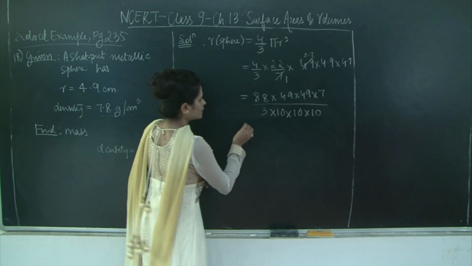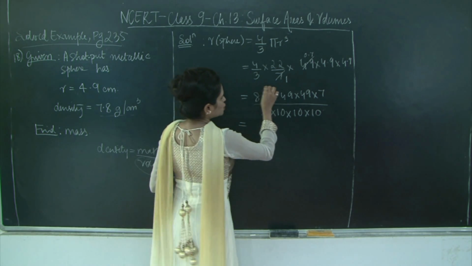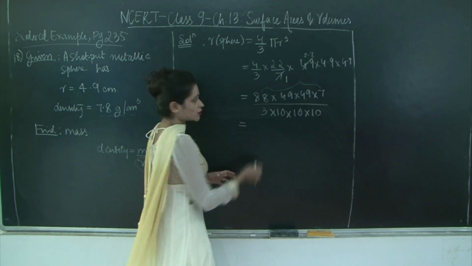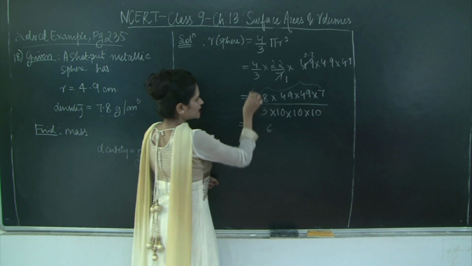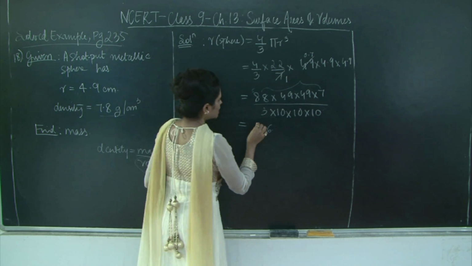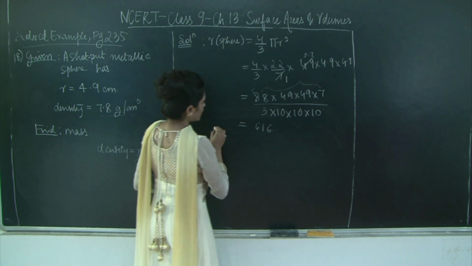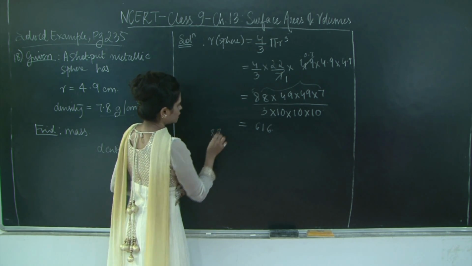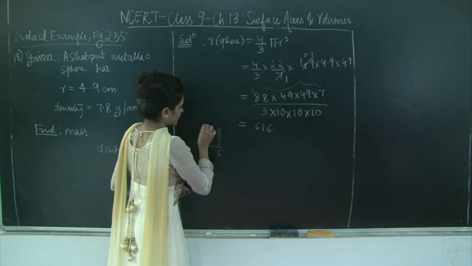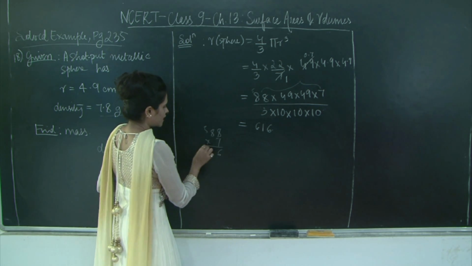Now let's calculate. First I'm going to do 88 into 7. 7 8s are 56, 56 plus 5 is 61, right? Let's check. 88 into 7 is 616.